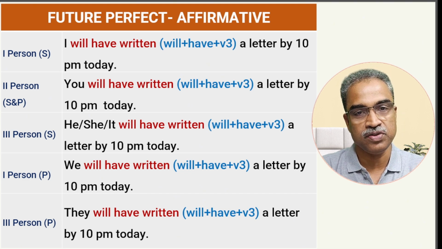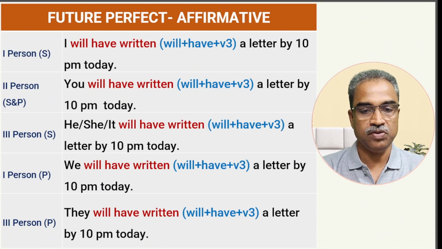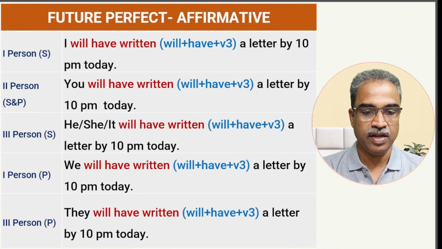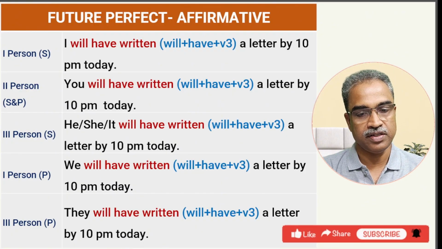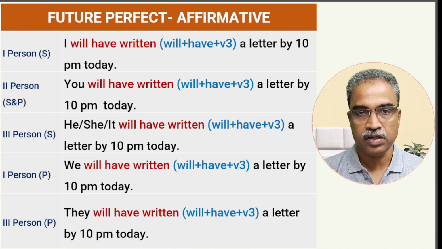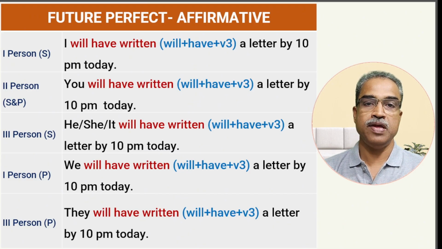Second one, you will have written a letter by 10 p.m. today. She, he, it will have written a letter by 10 p.m. today. We will have written a letter by 10 p.m. today. They will have written a letter by 10 p.m. today. So you can go on making. I will have completed my homework by 8 p.m. today.